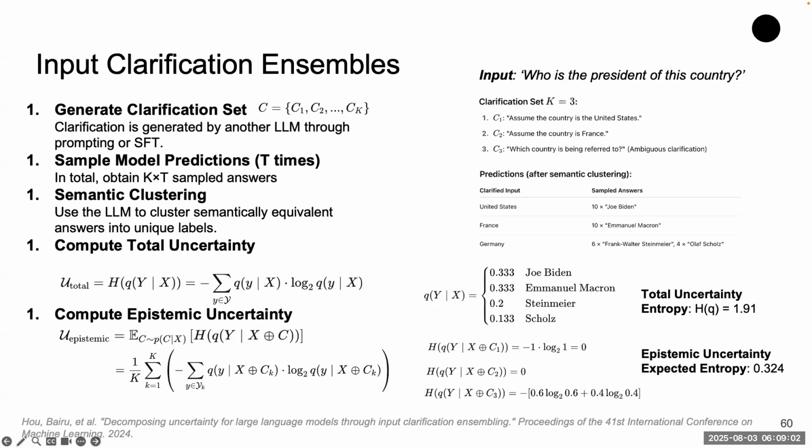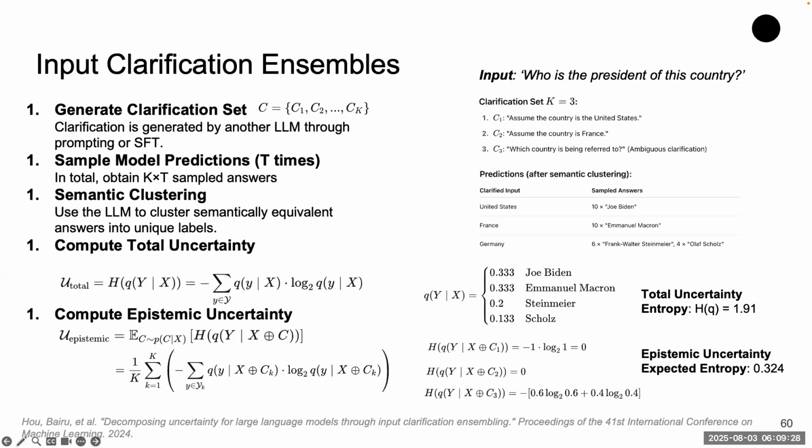So the input is who is the president of this country, and if you set your clarification set to 3, then the first clarification could be assume this country is United States. The second is assume this country is France. And the third one is which country is being referred to.